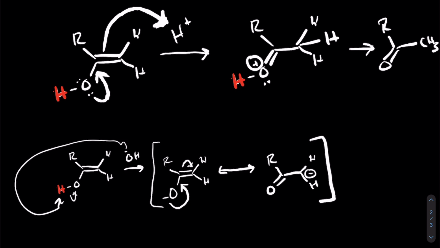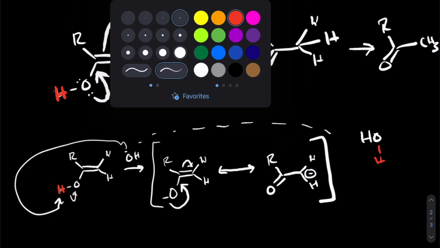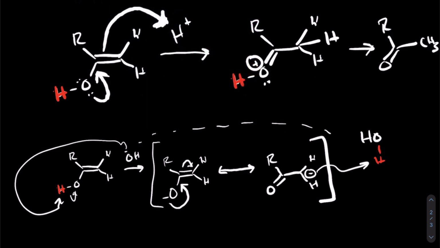It's probably less favorable to put it there, but that is the position from which it will go, and it'll take the water that was just created here and grab that proton again and again give you your ketone form.